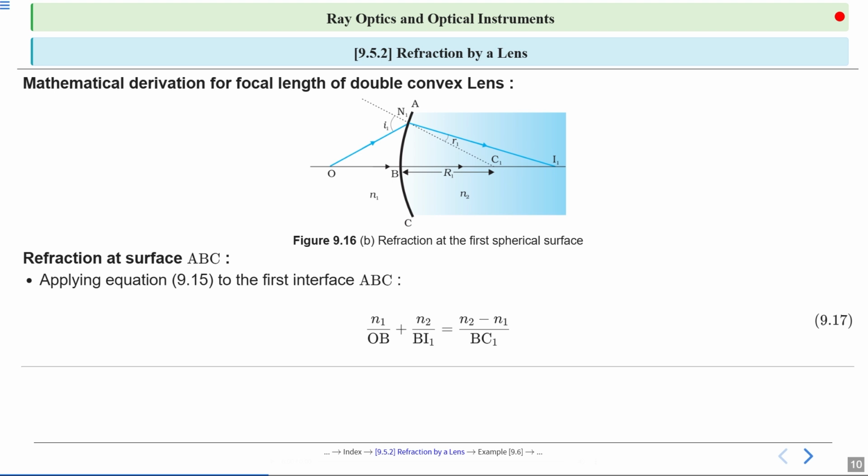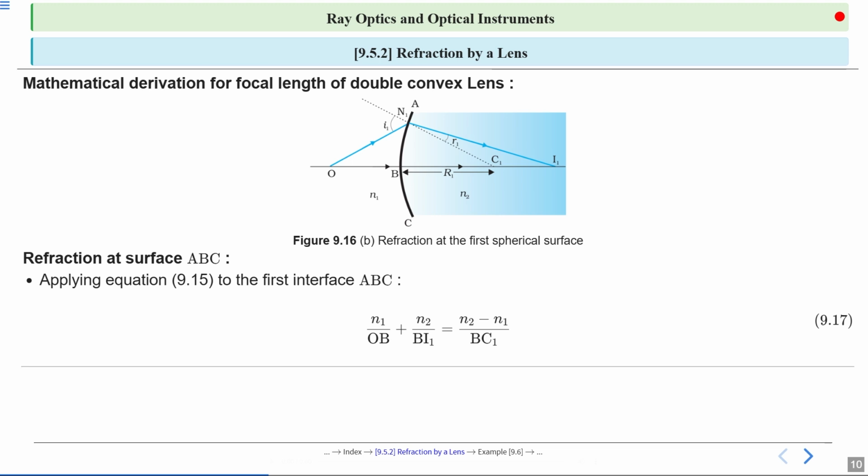So n1 is the medium in which the object is placed, n1 upon OB, where OB is the object distance, plus n2, the refractive index of the medium in which the image is formed, upon the image distance BI1, equals n2 minus n1 upon the radius of curvature of this spherical surface, that is BC1. That is the equation 9.15 we discussed in yesterday's class.